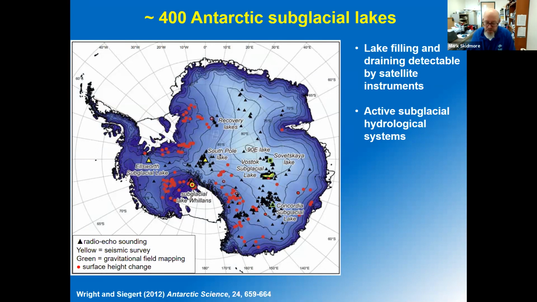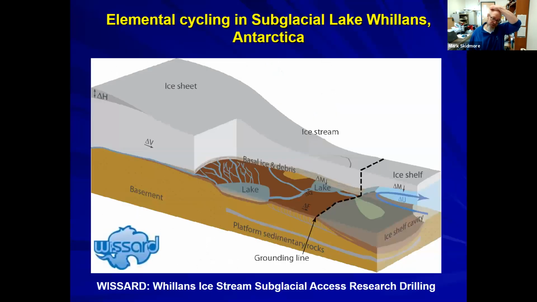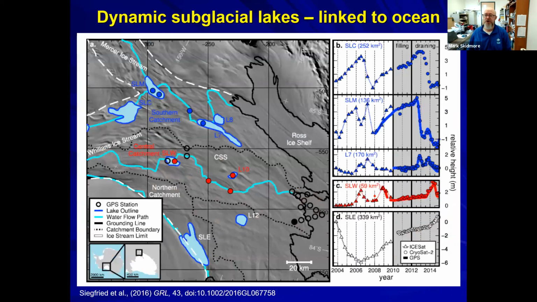So we're going to look a little bit at what's going on in subglacial Lake Whillans, shown here with a bullseye target on this slide. This is work that was part of the WISSARD project, where we're looking at the subglacial lake and thinking about the elemental cycling of material from the lake and it draining down into the marine environment. And you'll hear more about this from Jon.